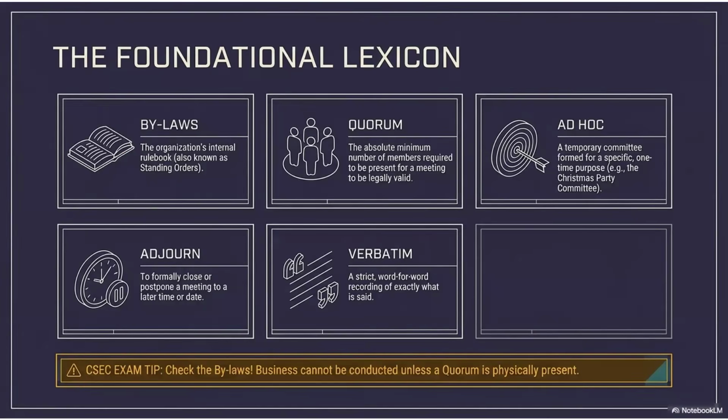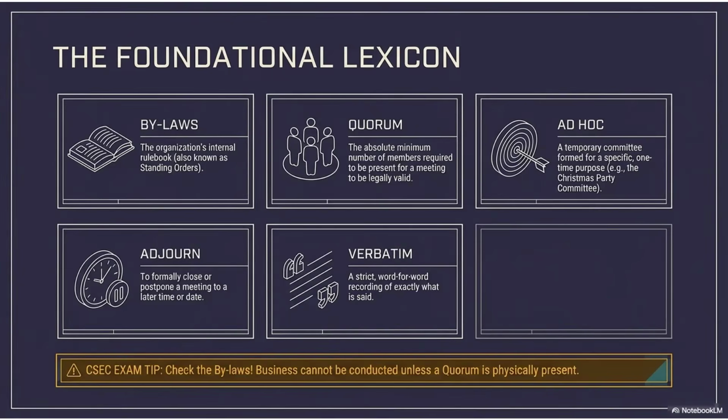Some of the terms now. First one, the bylaws. The bylaws are basically rules that govern how a meeting is executed. Quorum is the minimum number of members that need to be present in order to have a meeting.